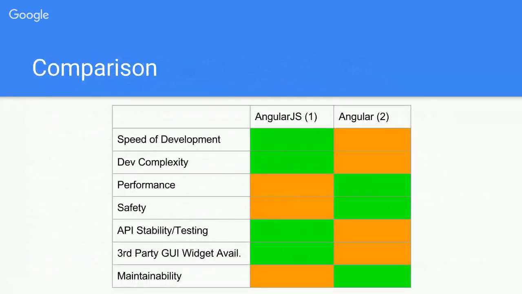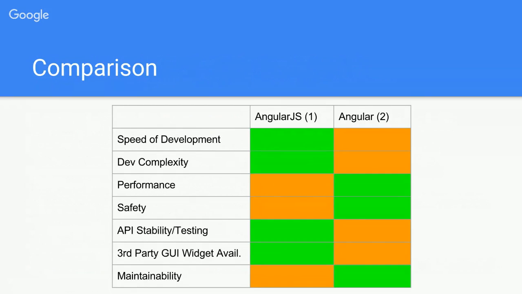So here's a very opinionated comparison that I've made. As far as why to use one over the other, if you need to quickly prototype something, Angular 1 seems, at least for me, to be a little faster to develop on and a little bit less complex.